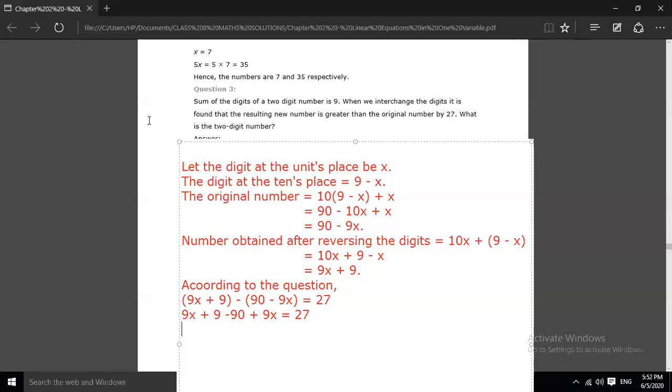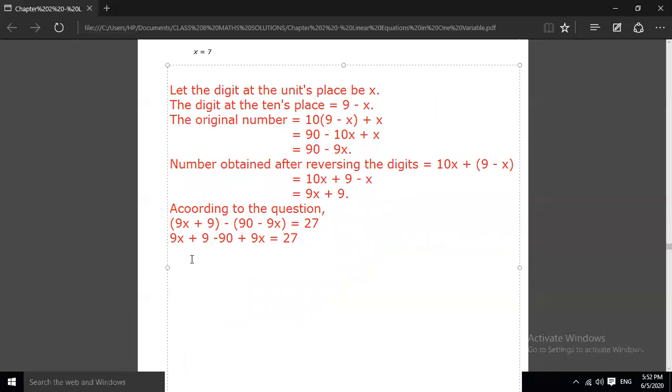Now 9x plus 9x is 18x, and 9 minus 90 is minus 81. So 18x minus 81 is equal to 27.